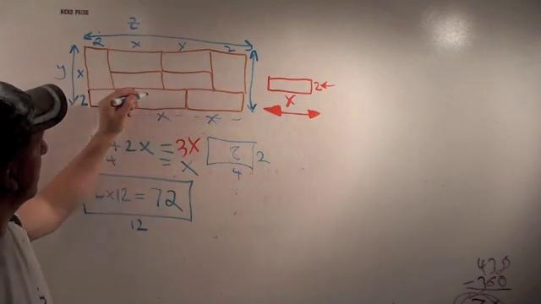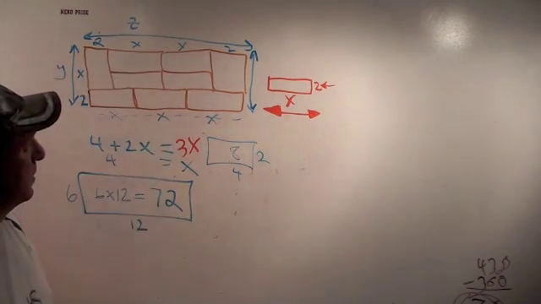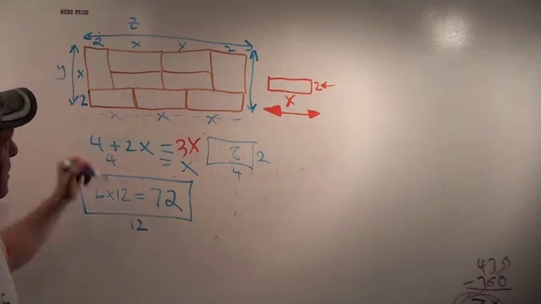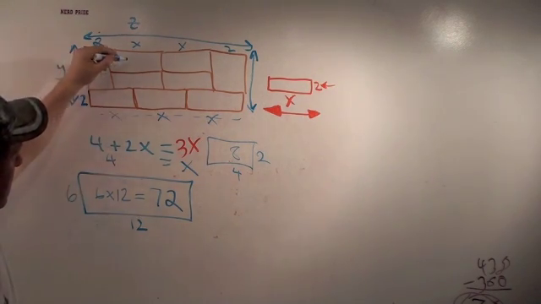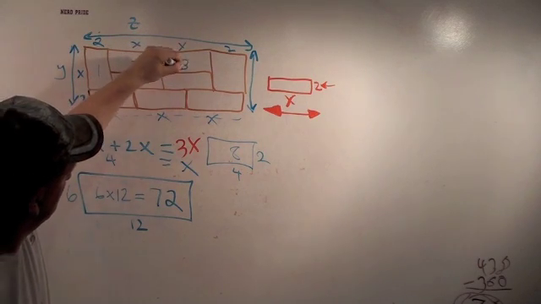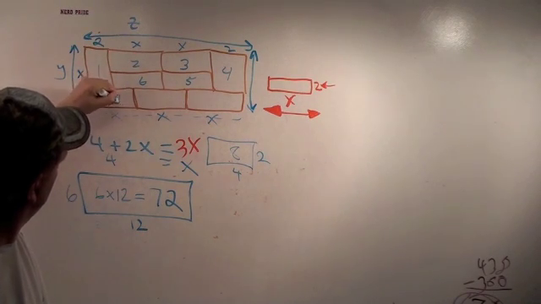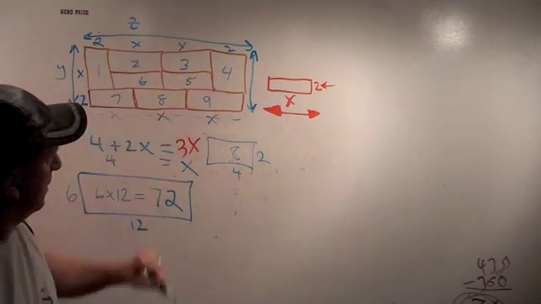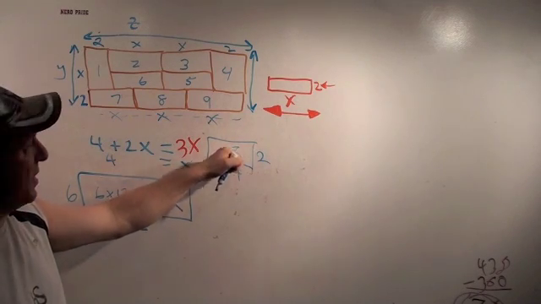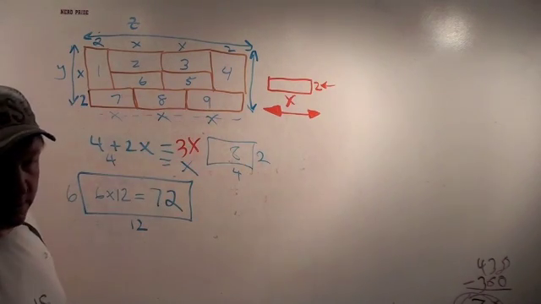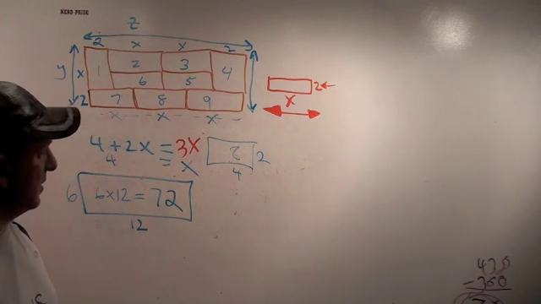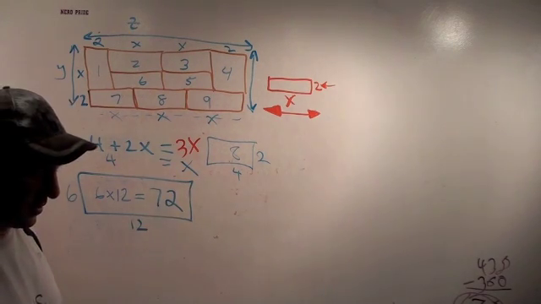And how many rectangles are there up here? There's 1, 2, 3, 4, 5, 6, 7, 8, 9. If each one has area 8 and there's 9 of them, what's the total area? 8 times 9 is 72. That's another way to do it.